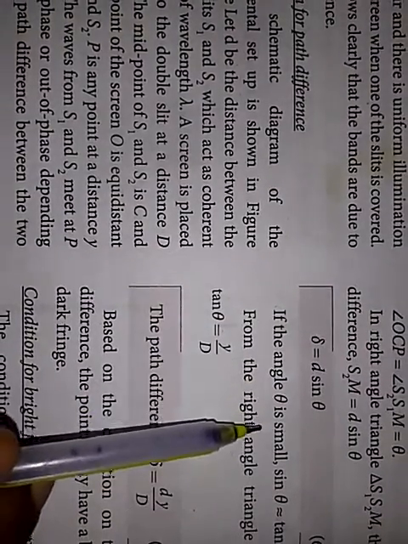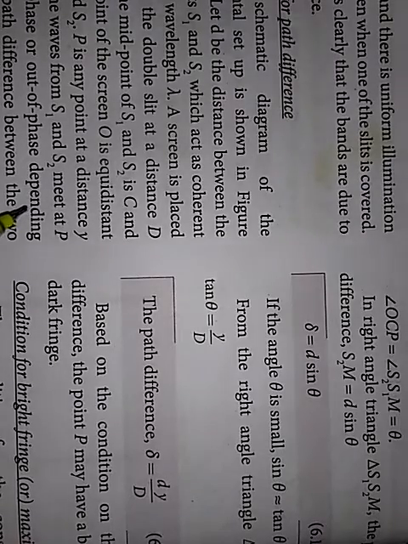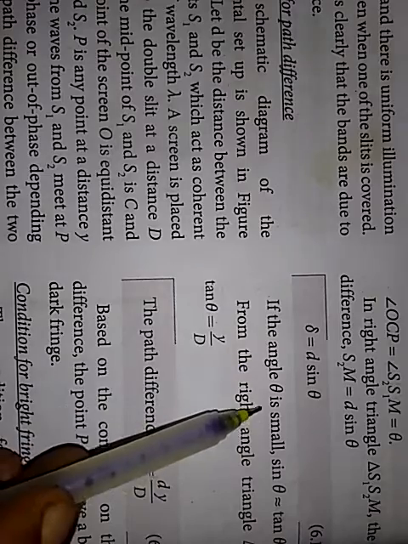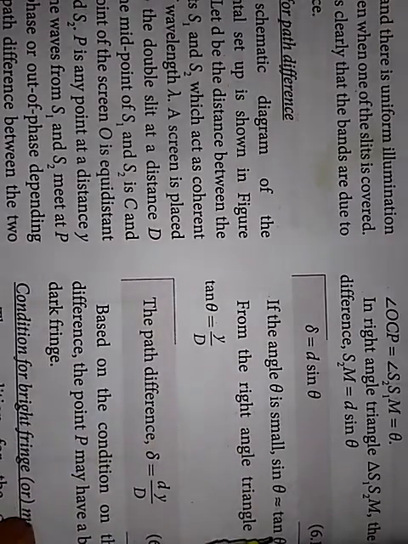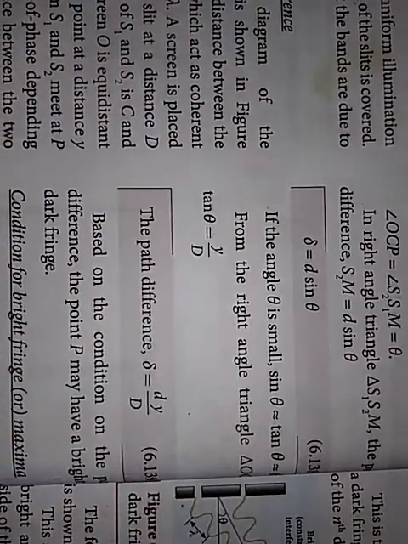If the angle theta is very, very small, we can make an approximation. That is, sin theta is approximately equal to tan theta, which is equal to theta. This is applicable only if the angle theta is very small, so we can replace sin theta by theta, and also tan theta by theta.